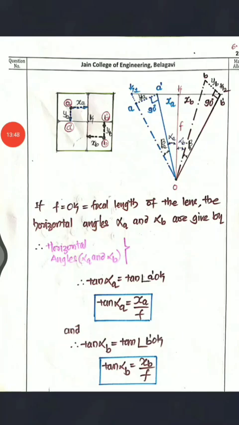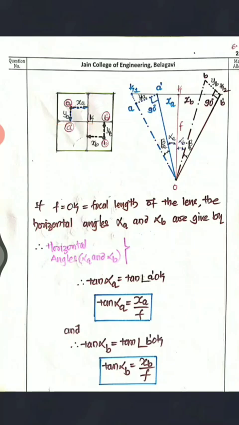Now the same projections I have shown here. From a to a dash, you can call it XA, sorry, I said it in reverse. From the principal line, the distance of a is XA, and from this horizon line this distance is YA.